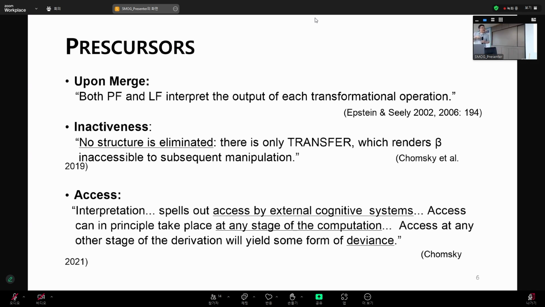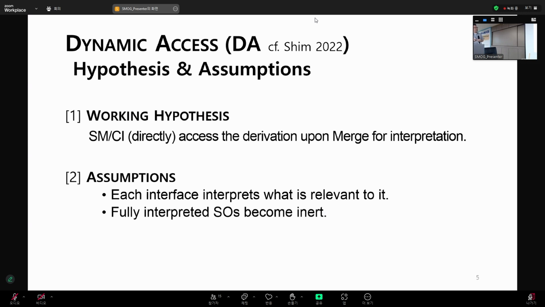And as for inactiveness of syntactic objects, Chomsky et al. 2019 proposes that no structure is eliminated. This is a slightly modified version of transfer, where even after transfer, no structure is eliminated. They are there, but they are just rendered inaccessible to further syntactic computation. So the idea is quite similar to my assumption here.